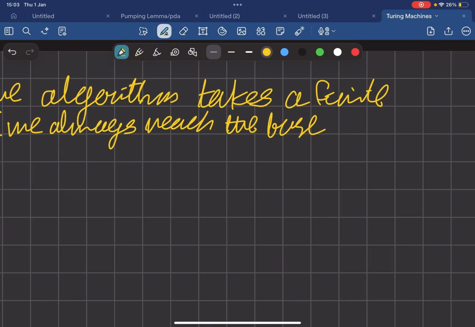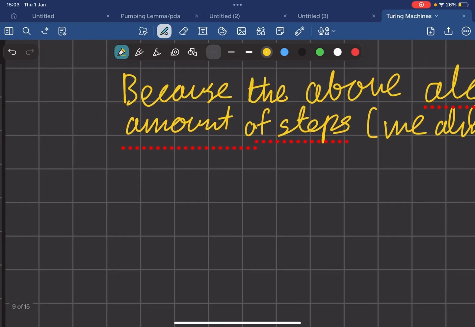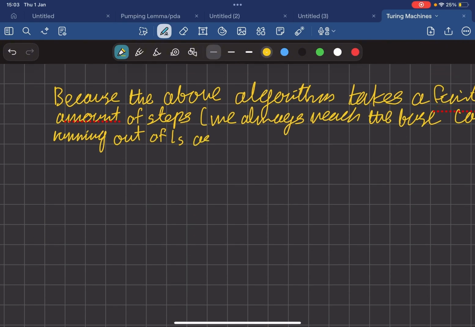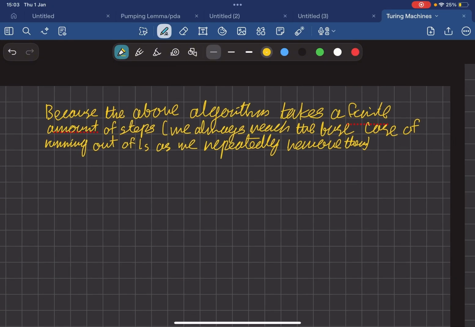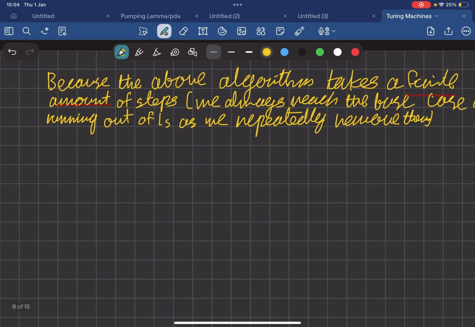So we'll always run out of ones if we subtract enough times. So just to reiterate, because we will eventually run out of ones if we repeatedly remove them, this algorithm will always take a finite amount of steps. So that's what we're saying.